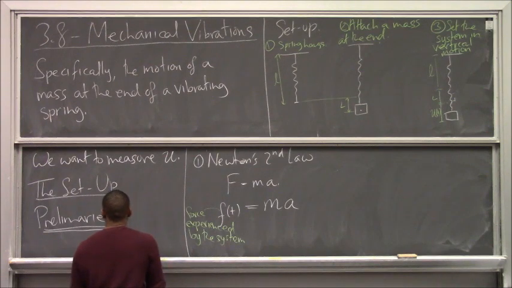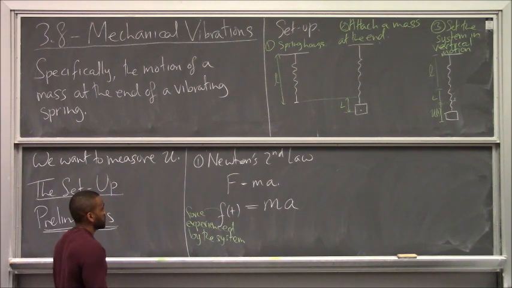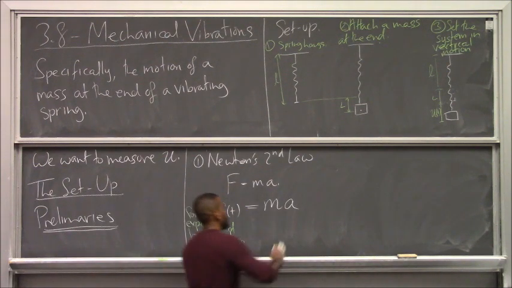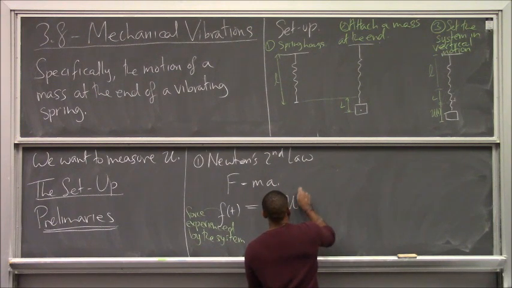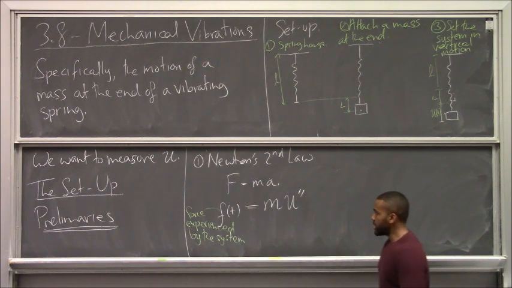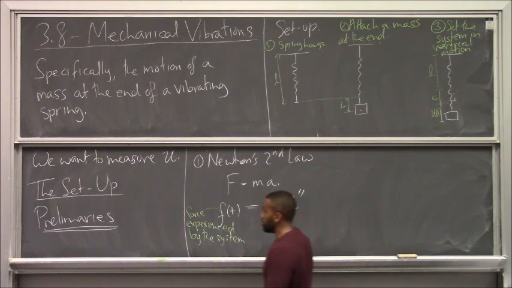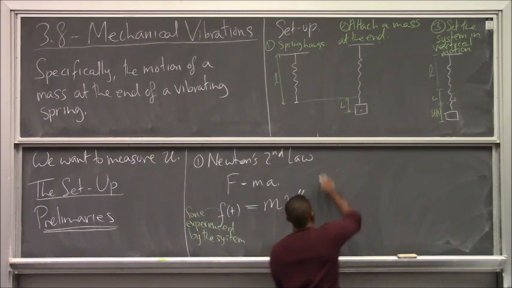But what is going to be the acceleration? The second derivative of u of t. Exactly. So the acceleration of the object is going to be given by u double prime. So that's from Calc 1.